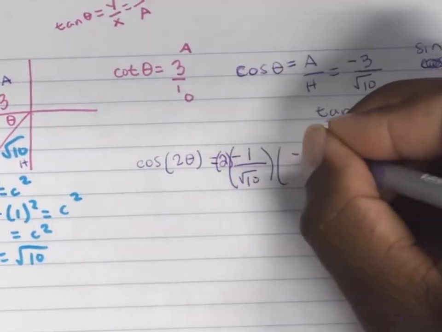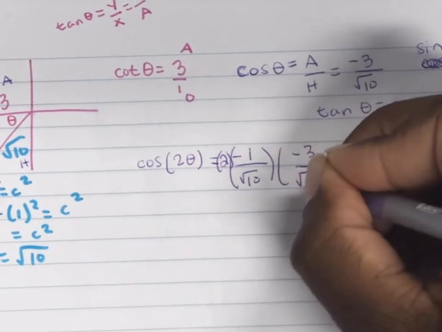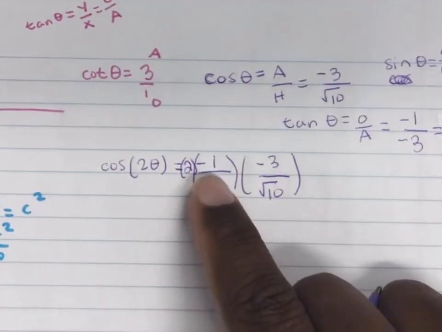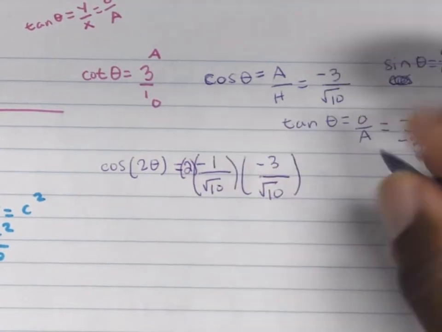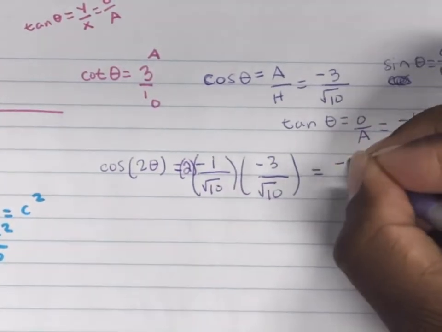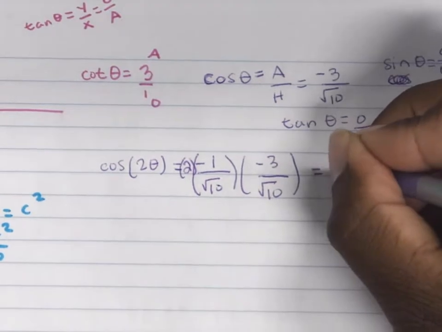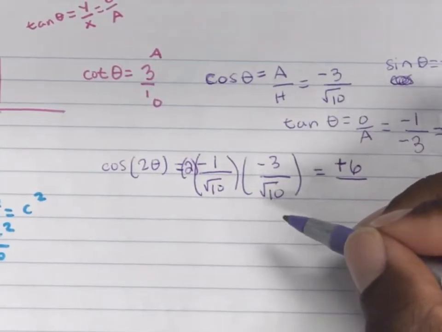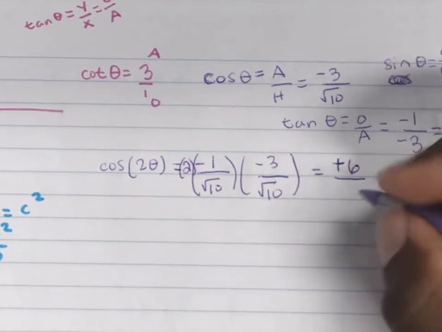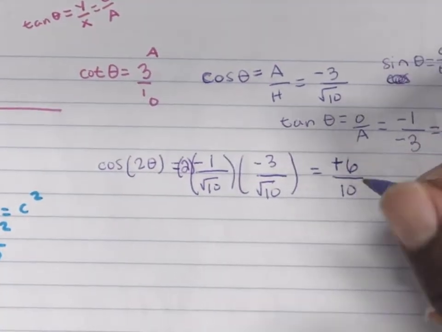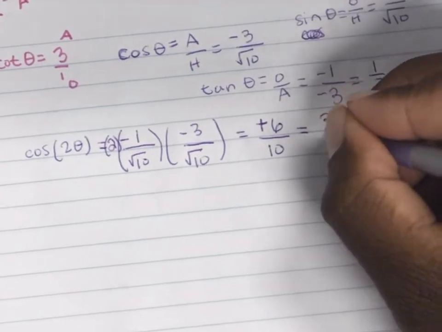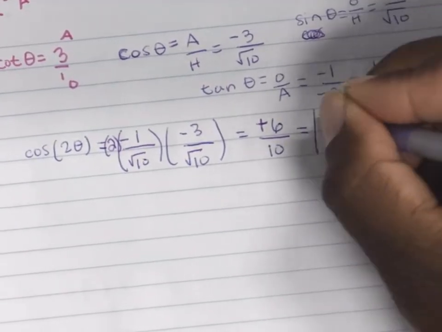Cosine was -3 over root 10. So I just multiply across the top. I got 2 times -1, which is -2 times 3. Should be -6. Sorry, +6, because the two negatives make it positive. Over square root of 10 times square root of 10 is the square root of 100, which comes out to be just 10. So 6 over 10. I can reduce that to 3 over 5.